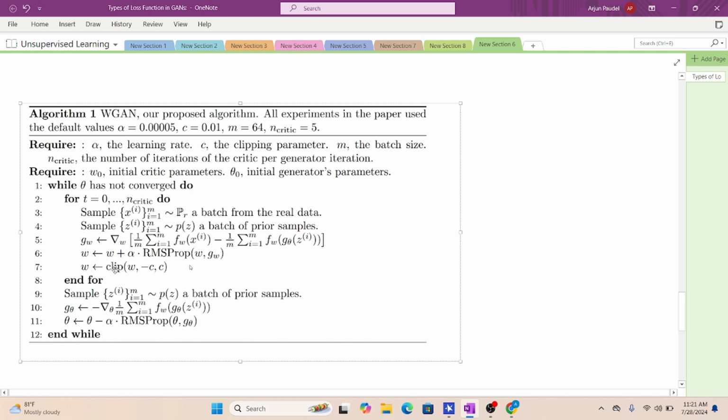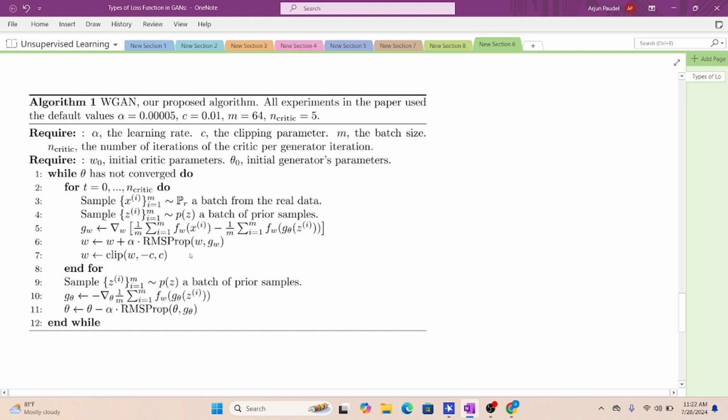It is not a good thing, since this is a hard constraint we are imposing on the discriminator weights. So it does not give us better results, and it does not help the generator become much better.